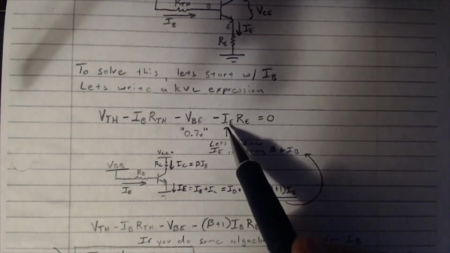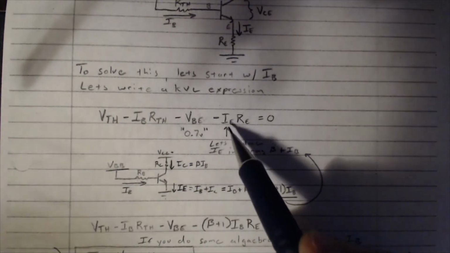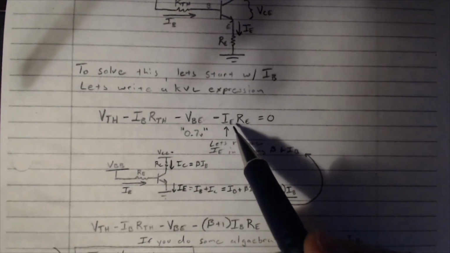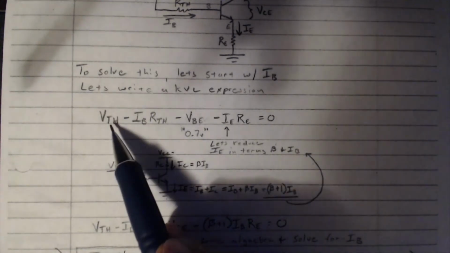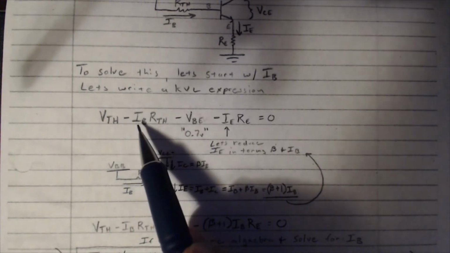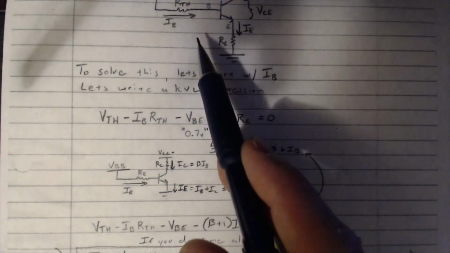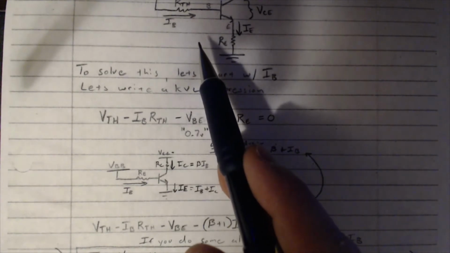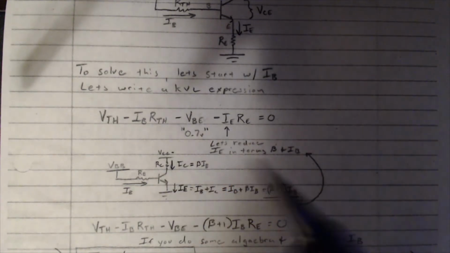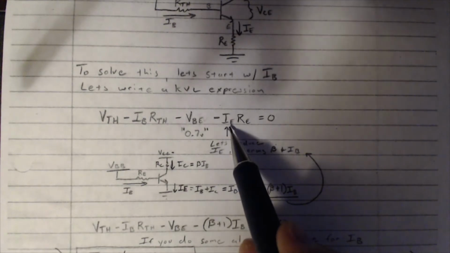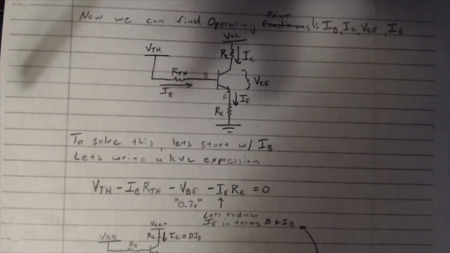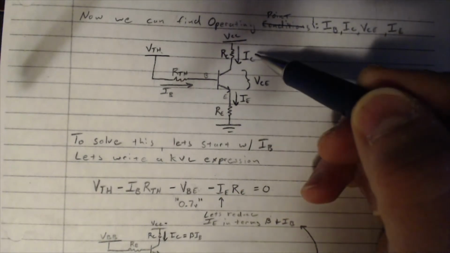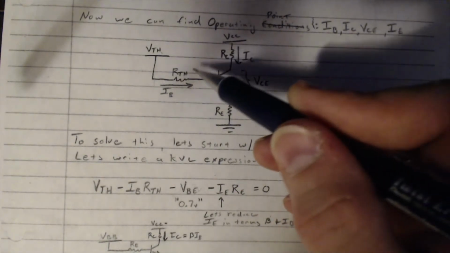Okay, now we could solve this. However, we're going to run into one problem, which is to figure out the base current. Remember the goal here, we want to figure out the base current. That's our first step in this process. However, we don't have the emitter current. The emitter current is a function of the collector current, and to find the collector current, we need to figure out IB.